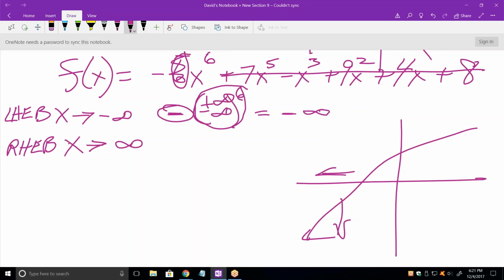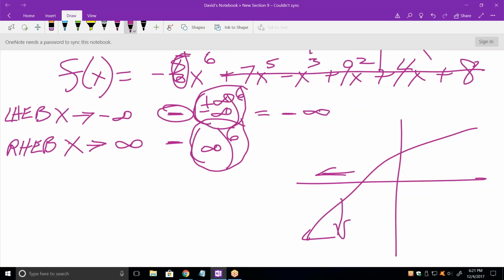Now, if we go back and look at the right-hand end behavior, well, I still got that leading negative sign. And now I'm going to plug in positive infinity inside of parentheses, take it to the 6th power. Always do that first. Notice something very specific here. This exponent does not apply to this negative sign.